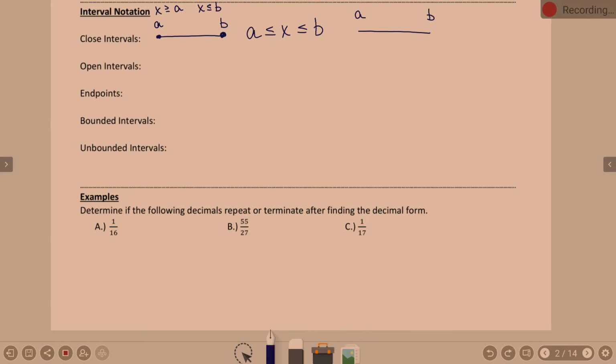But what do we do at A and B? Oh, arrows? Not arrows. I don't think we did that. We didn't do brackets? No. We did the open circles and closed circles. Okay. We did endpoints with circles, but we didn't do the endpoints with brackets and parentheses, you don't think? No. Okay, and that's possible.